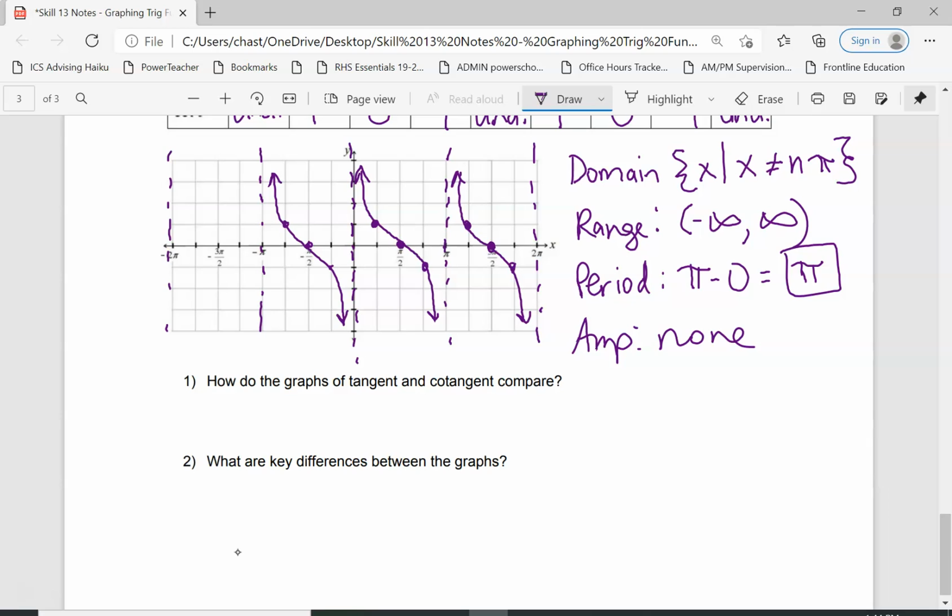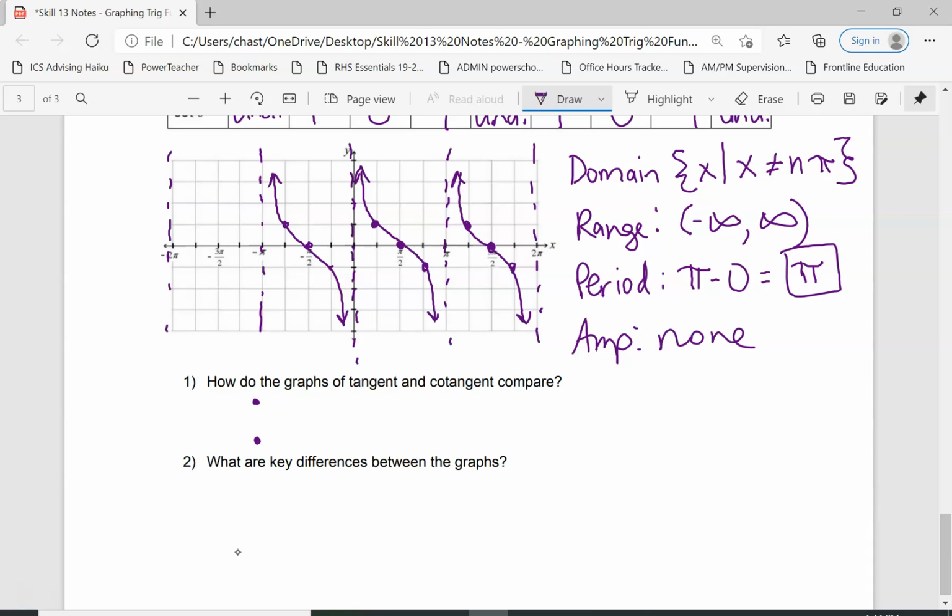So now, how do the graphs of tangent and cotangent compare? When we look at these, they have continuous ranges. I guess really that's not the best way to say that, because continuous would mean that there are no gaps or asymptotes.